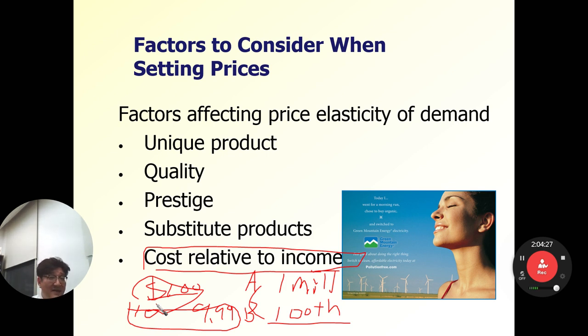That kind of subjective pricing is something we're going to discuss in the next class. In fact, next week we're going to analyze the Black and Decker case. After we finish the Black and Decker case, we're going to come back to this subjective part of pricing.